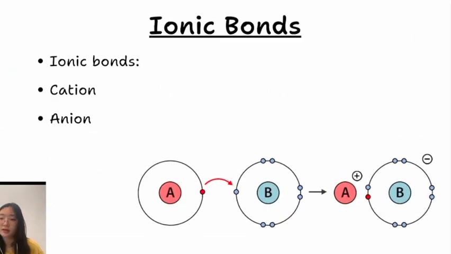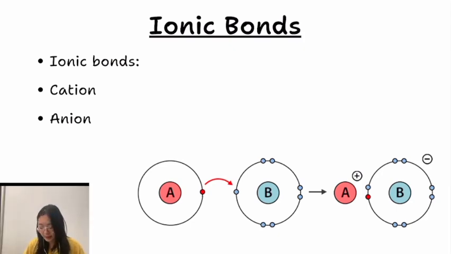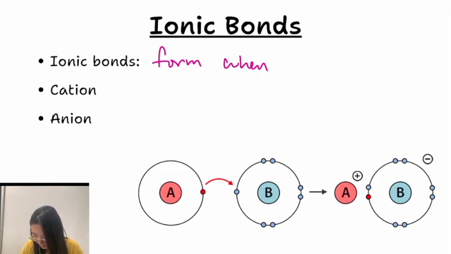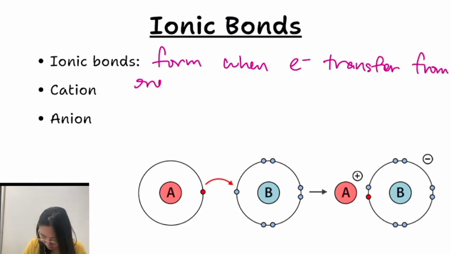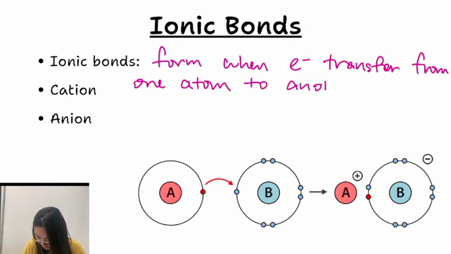And next, let's talk about the ionic bond. Okay, so ionic bonds form between two atoms when there is an electron transfer from one atom to another.